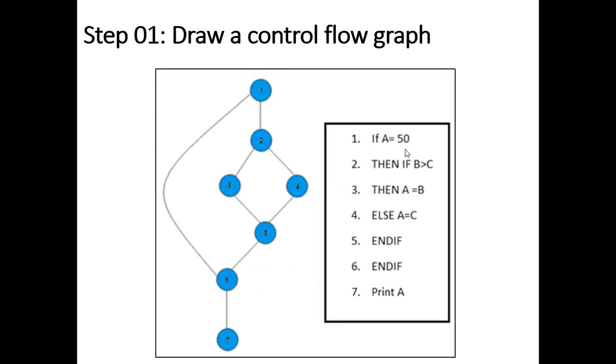If this is satisfied, we can go to B greater than C. If this is true, then A equals B. For this if we also have true and false parts.